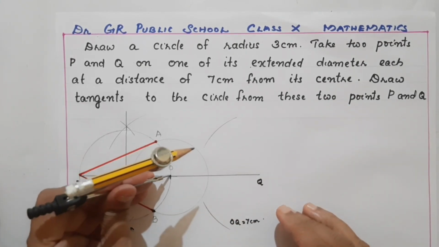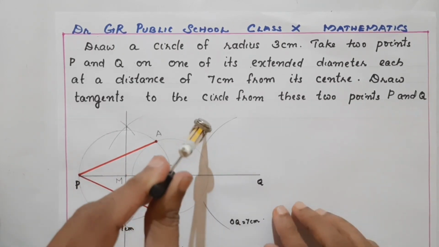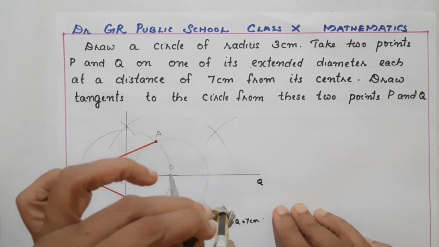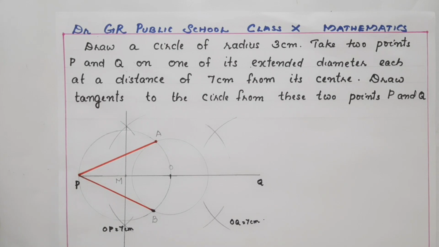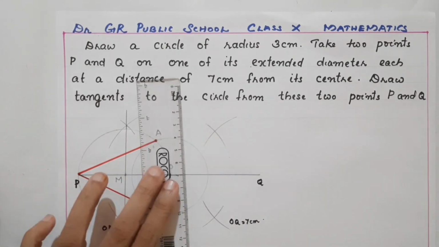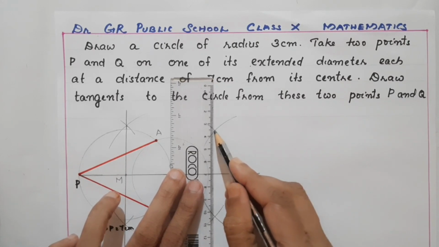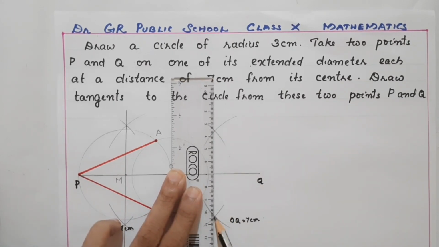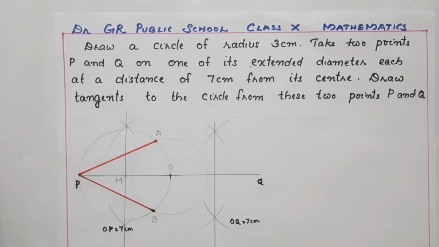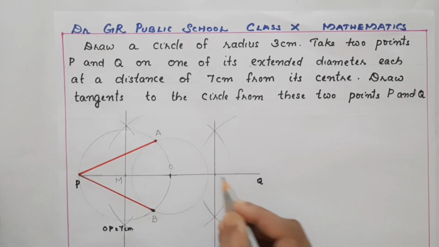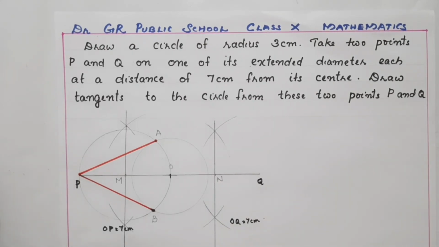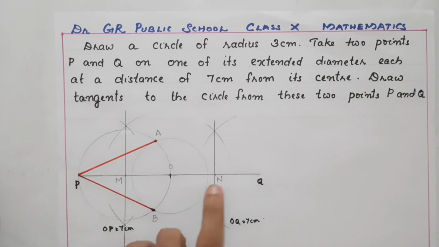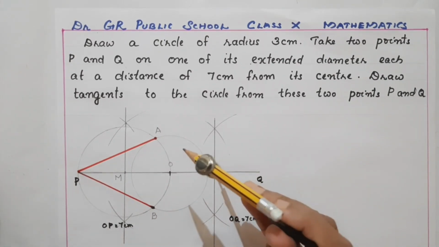Then with the same radius, okay, now we have to join. Now this is the midpoint N. Now with N as center and ON or NQ as radius, we have to draw another circle.